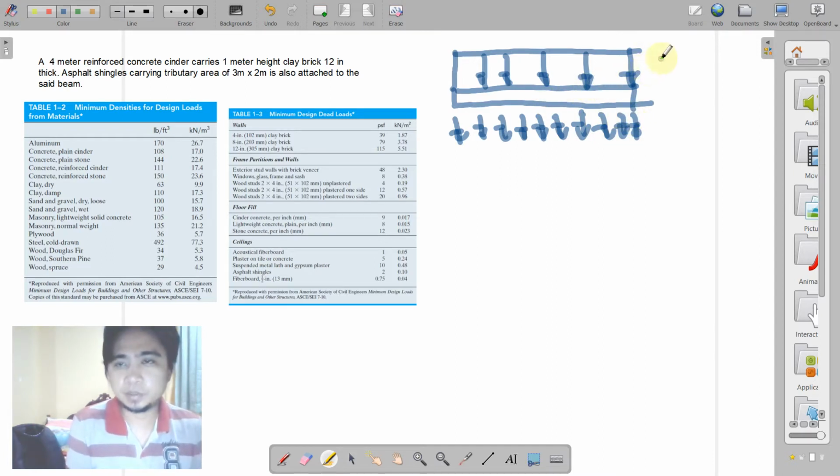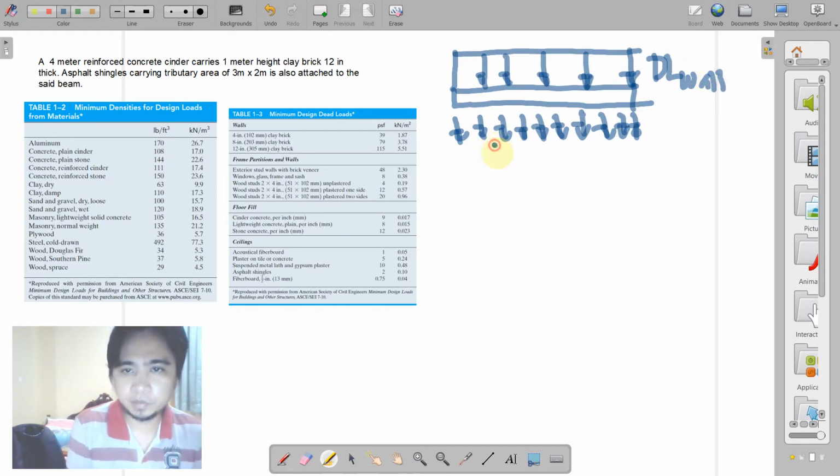So first, we can have the dead load of the wall for the clay brick, and of course we have the dead load for the ceiling.